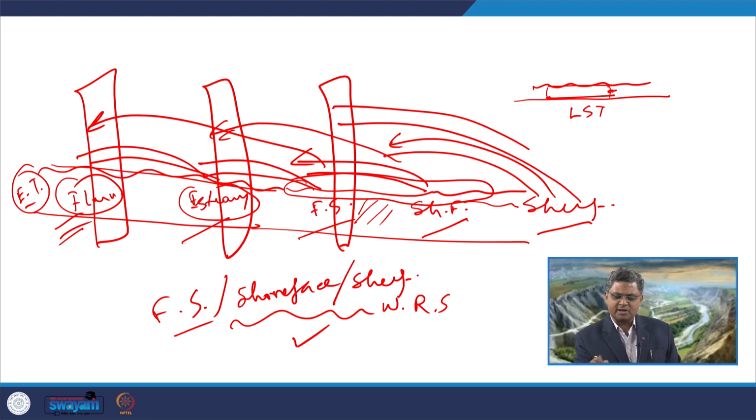So, if this transgressive package is not thick enough, or if the amount of erosion going on is at a very rapid rate, scouring is very high, what may happen? This particular surface can erode this entire material and it can reach somewhere here. So then it is penetrating into this LST package.